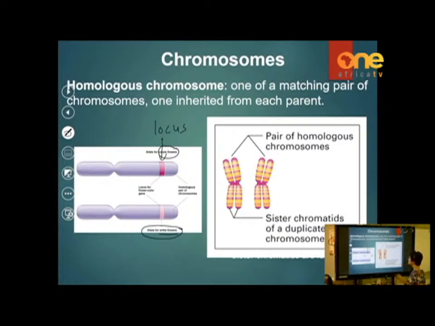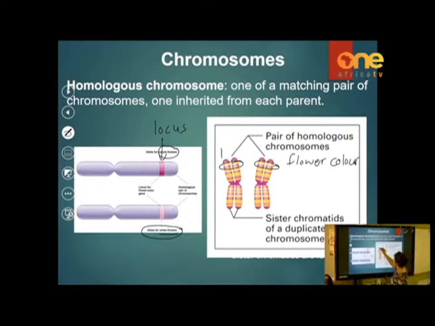Right. So now when I have a homologous pair and this homologous pair had replicated, I can see they are a pair, they are exactly the same size, and if this is the alleles for flower color, this will also be the alleles for flower color. It may not necessarily be the same.